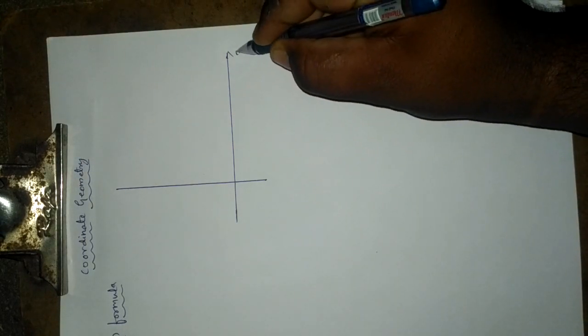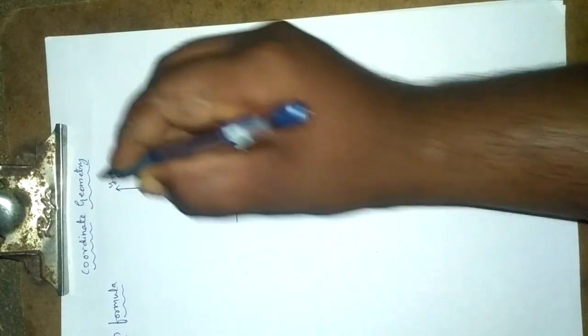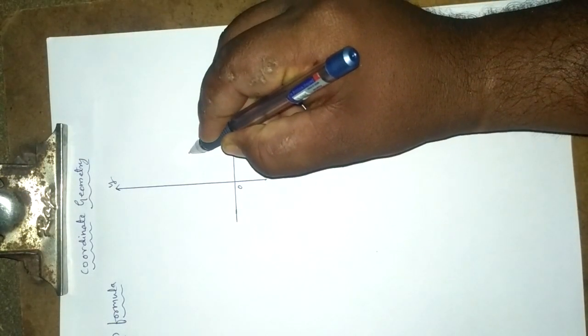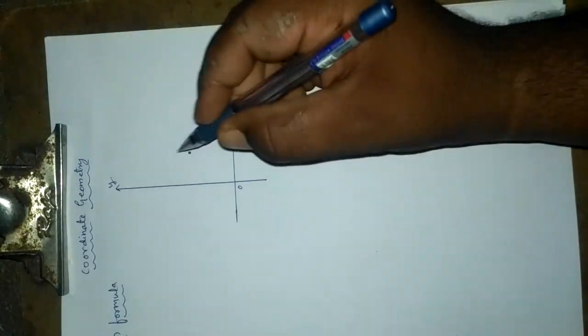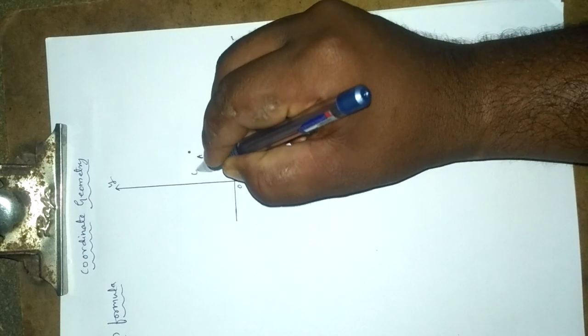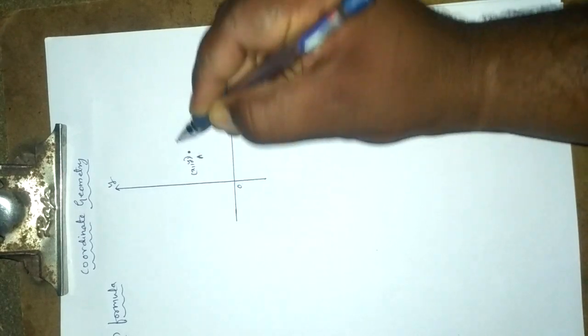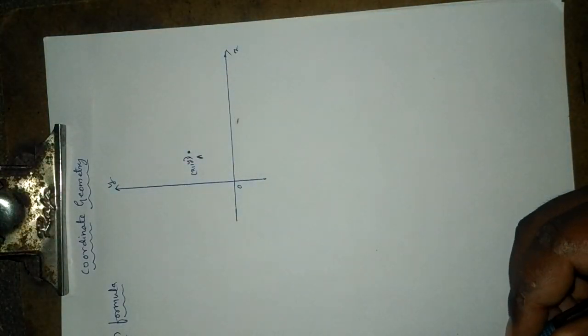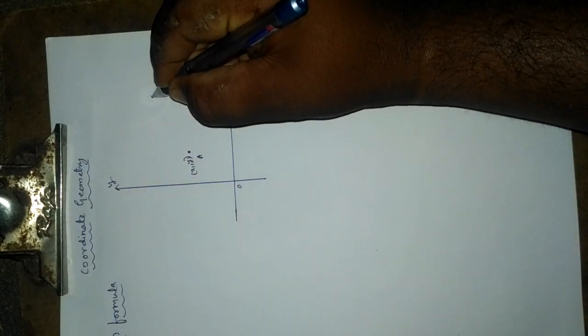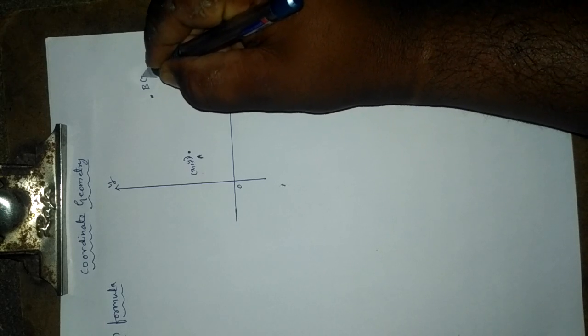This is the x-axis, this is the origin, and this is the y-axis. Now here I am going to consider 2 points. One point is A, whose coordinates are x1, y1. And we are going to take one more point, that is B of x2, y2.